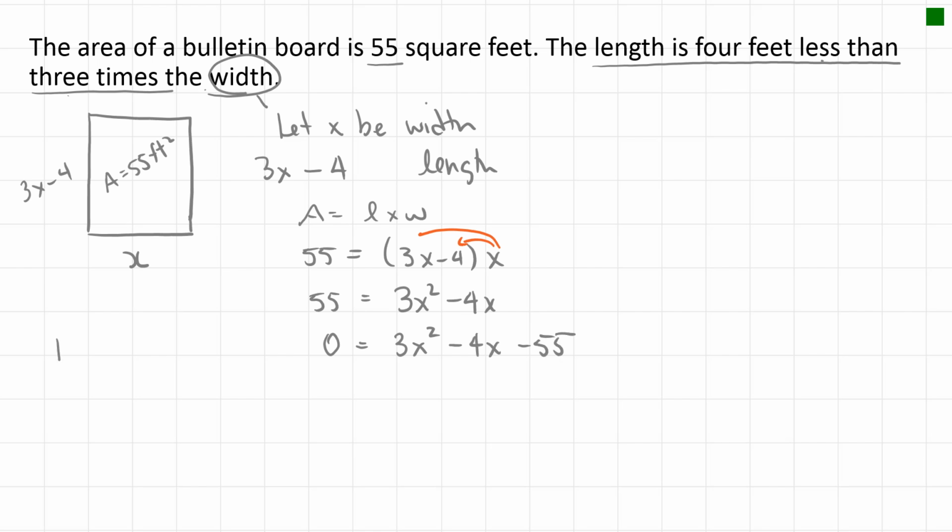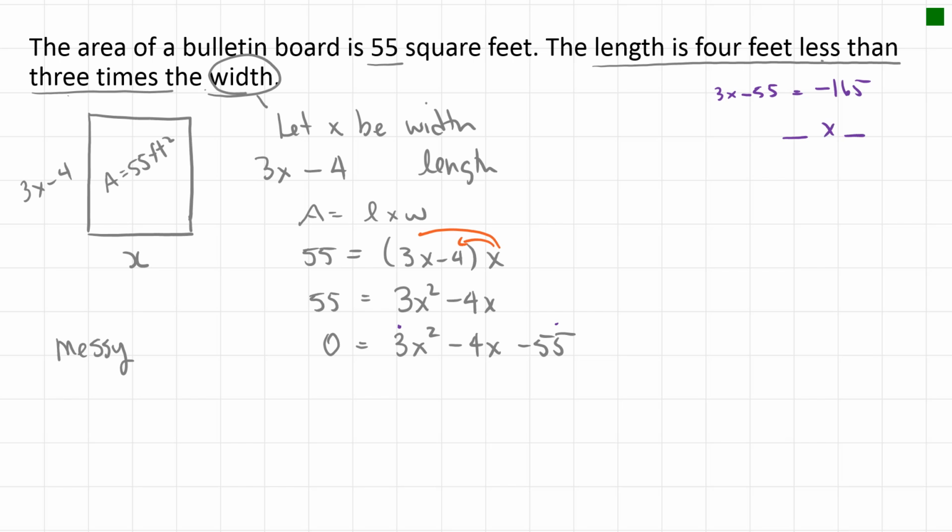This is a messy trinomial, and there are no common factors, and the numbers are quite large. So I'm going to take 3 and 55 and multiply those together. So 3 times negative 55 equals negative 165. And I ask myself what multiplies to give me 165.